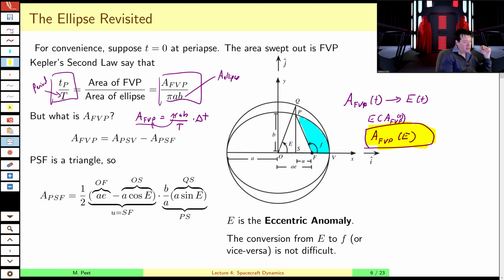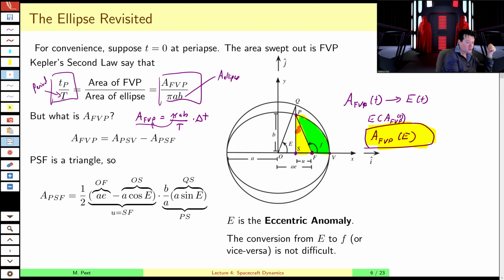So AFvp, let's look at it. Well, here it is. It's pretty complicated, right? So we're going to reduce it to the difference between simpler parts. Specifically, we're going to notice that AFvp is the area of this slightly larger but simpler section, PVS, minus this little triangle here.